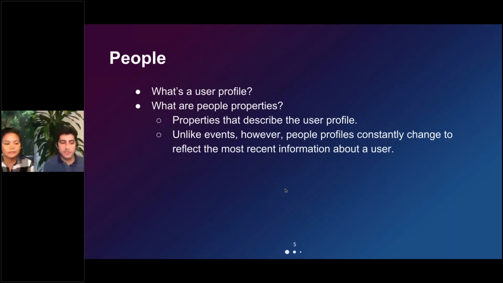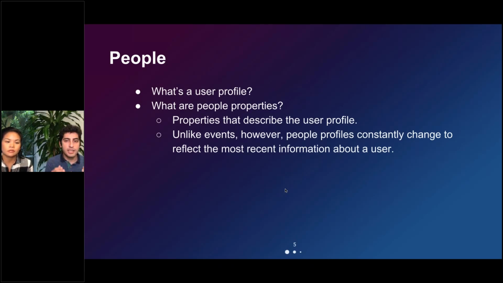The next thing I want to touch on is the other half of Mixpanel, which is people. Mixpanel is split into events and people, and what people encompasses is user profiles. Whenever a user makes an account on your app or your website, or whether they do or don't is up to you, but you can create a profile for them at any point.